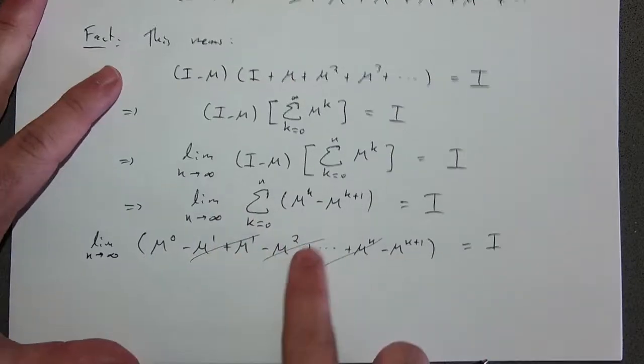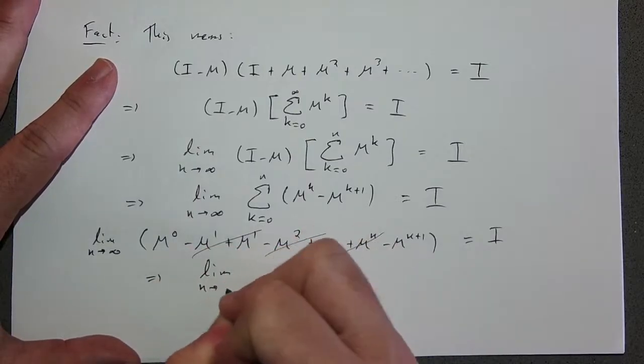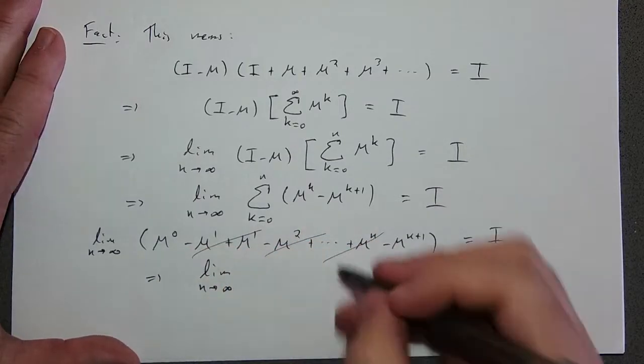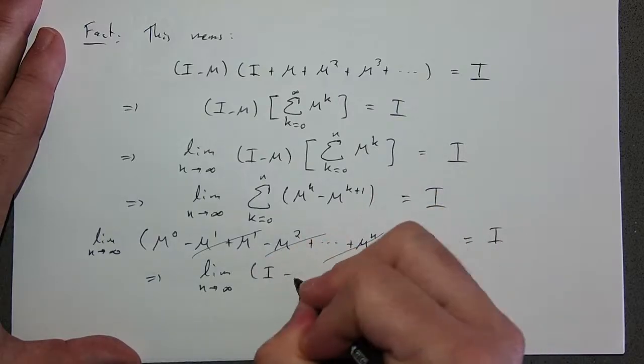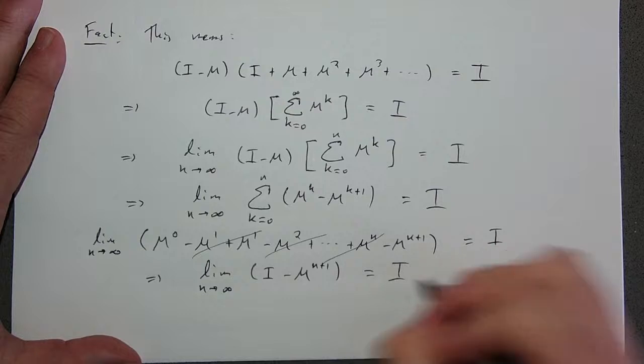And so what I get here is then the limit as n goes to infinity of I minus M to the n plus 1, and that is equal to I.